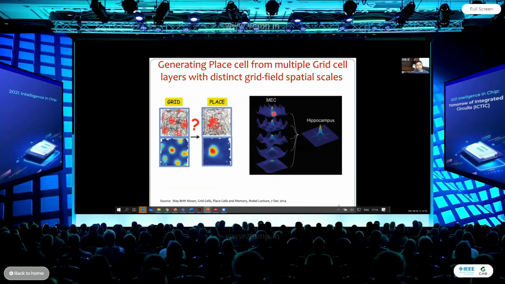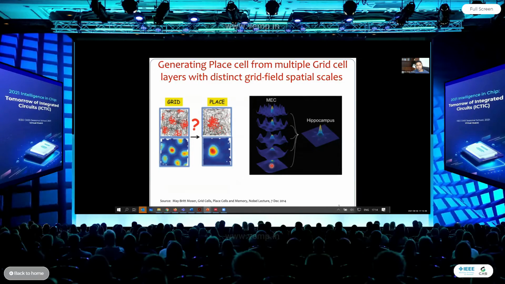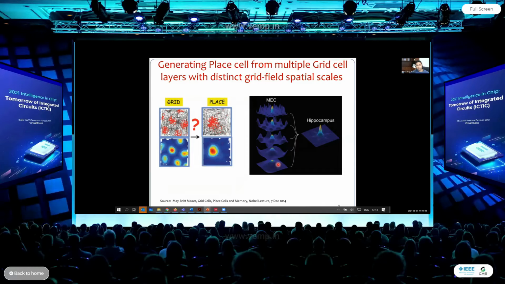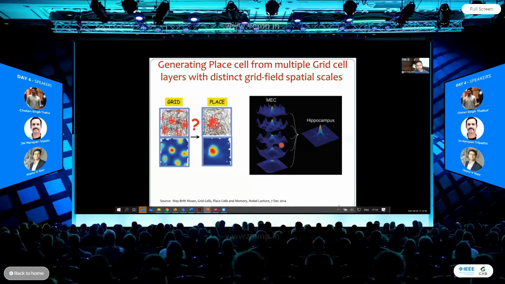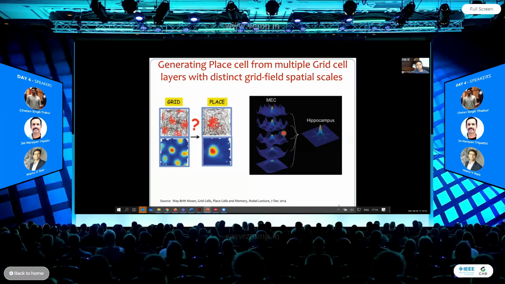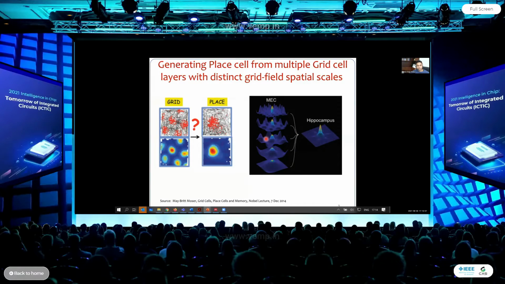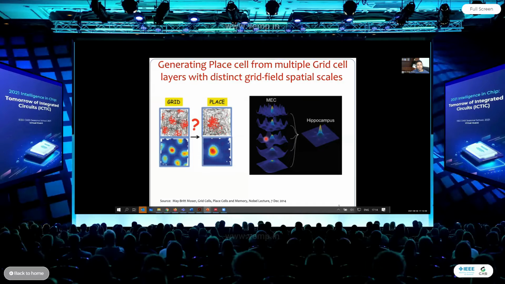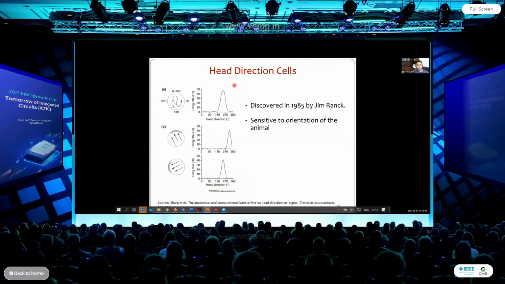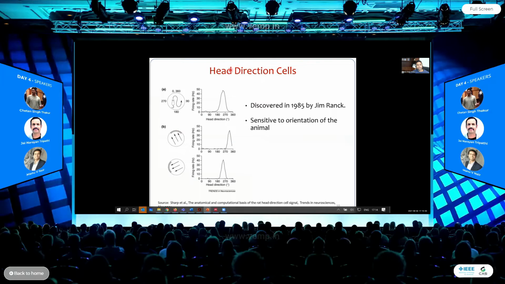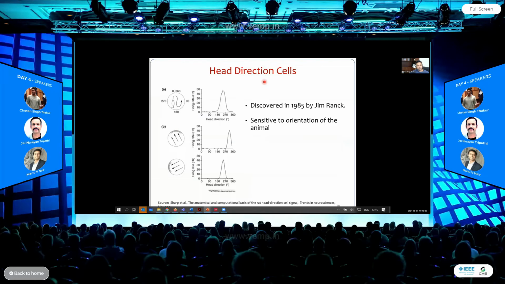So here it could be bigger, and at the ventral it could be smaller. And the same hypothesis we use in our architecture to generate the place fields from the grid cells over multiple spatial scales, right?